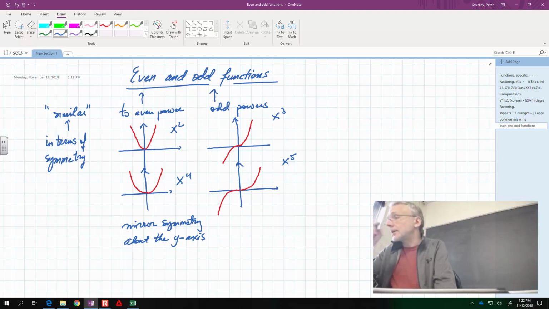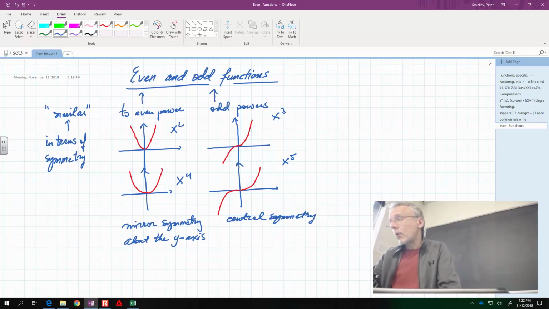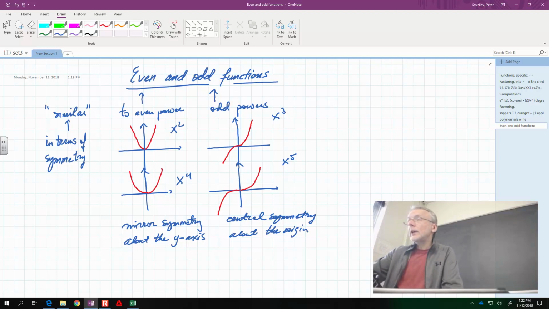Anyway, this is 180 degree rotation, but the better expression is central symmetry, I think. Slightly more specific: central symmetry with the center being the origin. So it's a good idea to remember that it is a rotation like this, 180 degrees around the origin.